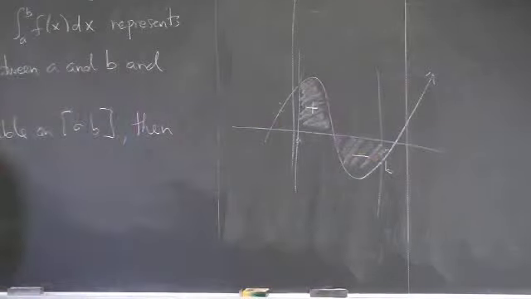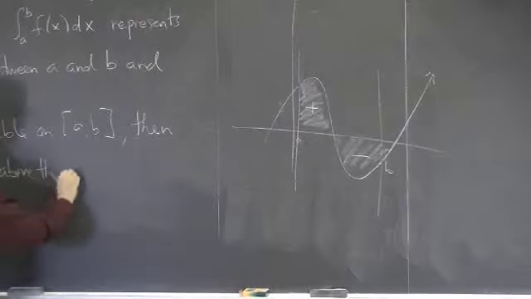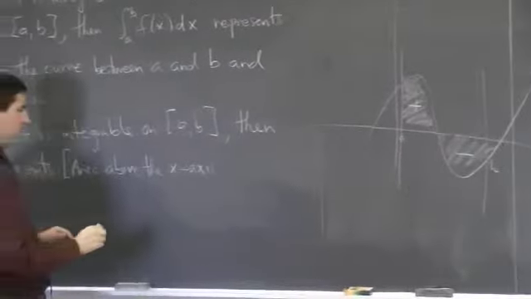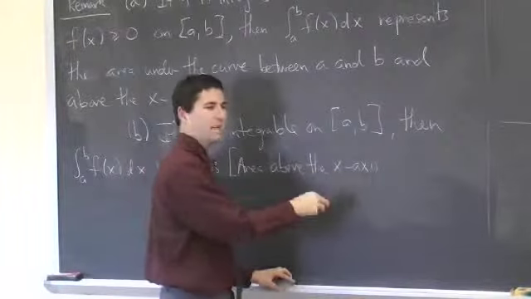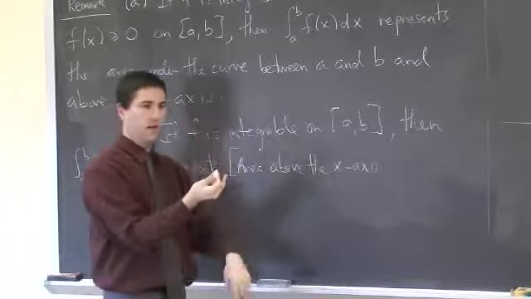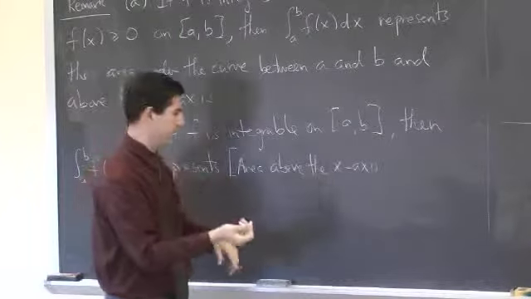So this represents the area above the x-axis, right? But under the, I'm going to leave some things out here. Right? When I say area, I'm implicitly saying between A and B and under the curve.